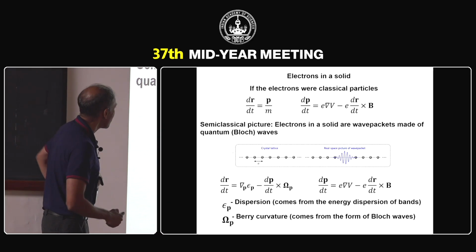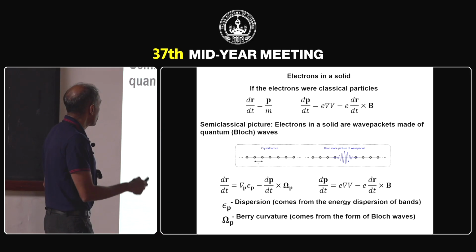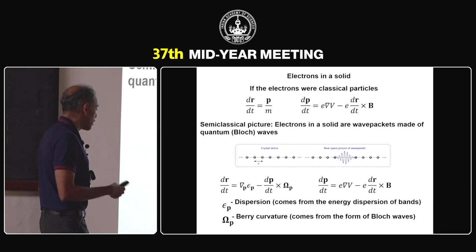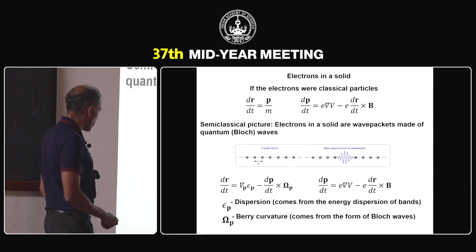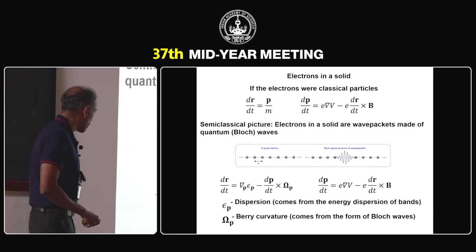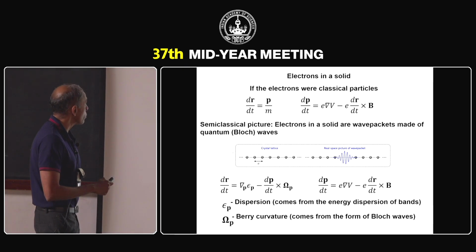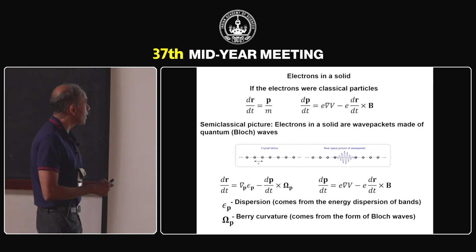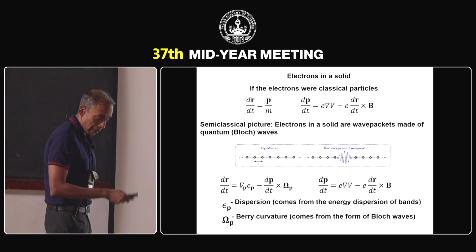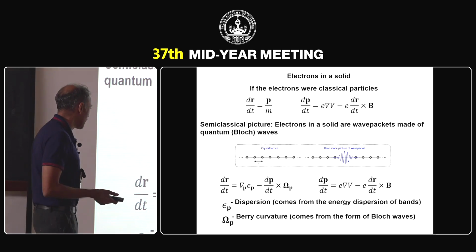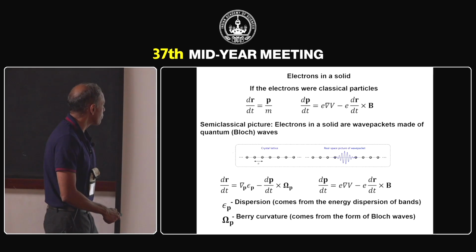And when you do that, it turns out that these equations have to be modified, and they are modified in a pretty interesting way, mainly this one. So you have a modification which looks like this. So instead of the velocity just being equal to the momentum divided by the mass, which is what you conventionally have in Newton's laws, you have something else here.